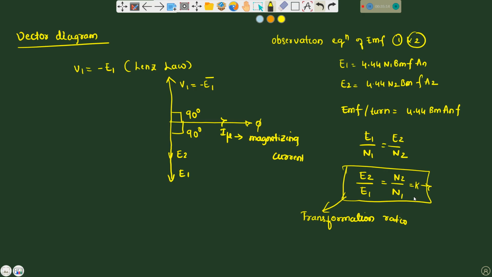Voltage rating mentioned on the nameplate of the transformer represents the induced EMF only. Okay, there will be a nameplate of voltage rating on the transformer.